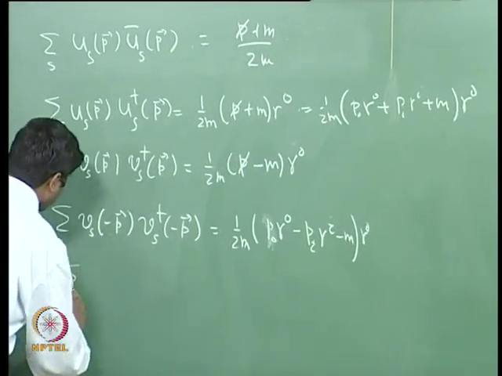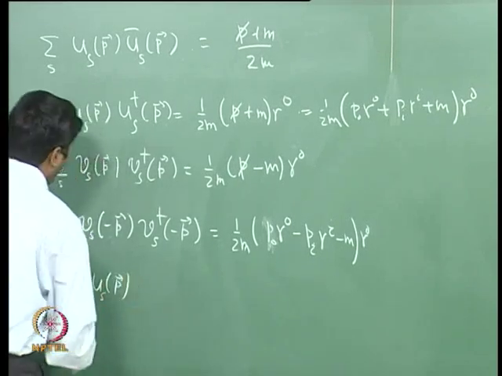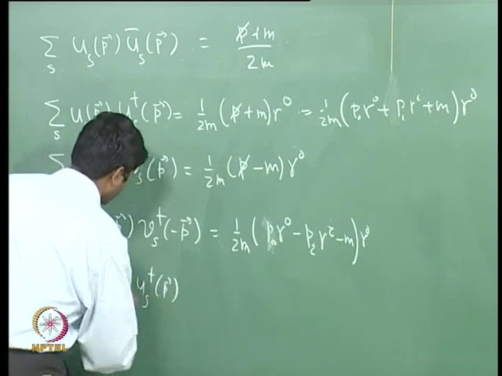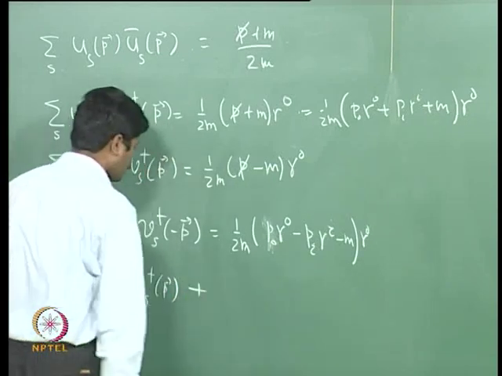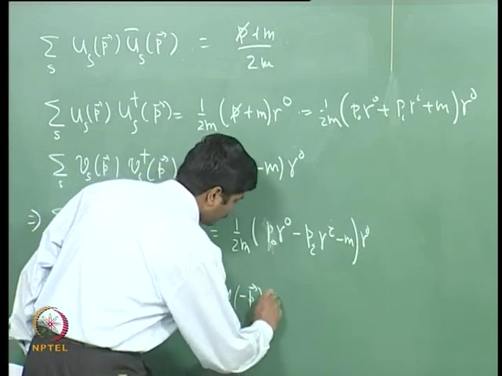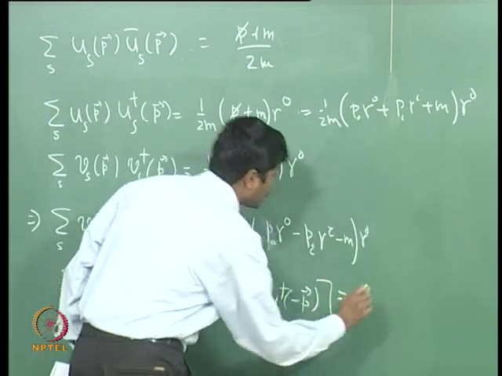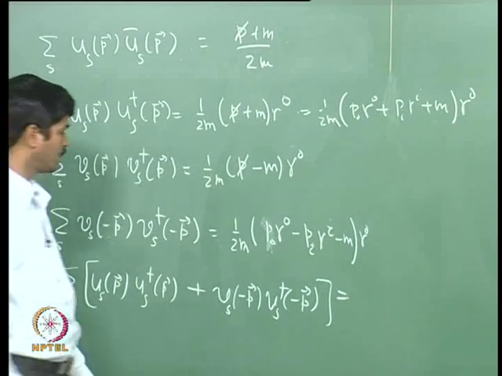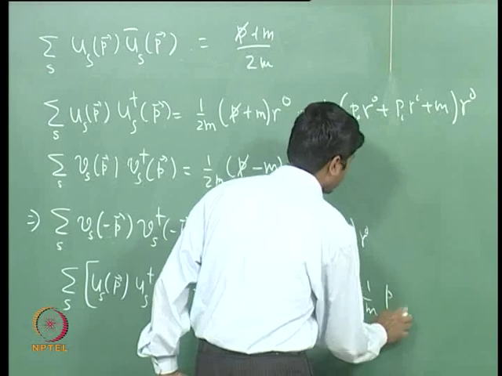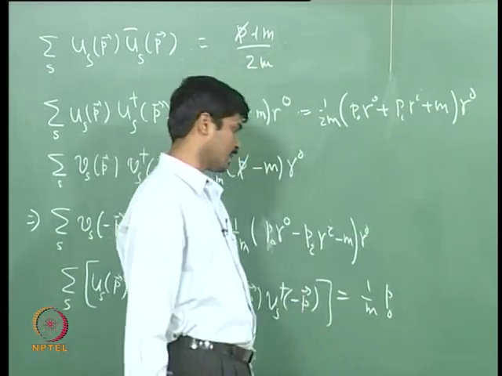So, you have the sum over S of u_s(p) u_s dagger(p) plus v_s(-p) v_s dagger(-p) is given by 1 over m p0, and there is this gamma 0 square which is identity.